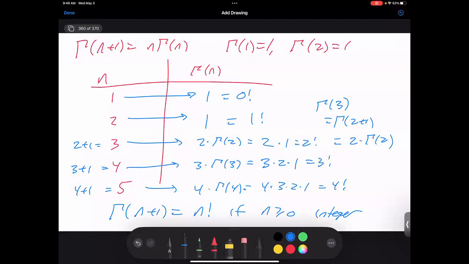How does the volume of the n-dimensional sphere compare to the volume of the cube that it lives inside? If you think about what's going on in the line, the sphere is the same as an interval. If you think about what's going on in the plane, you have a square.